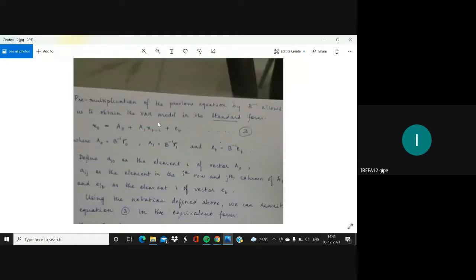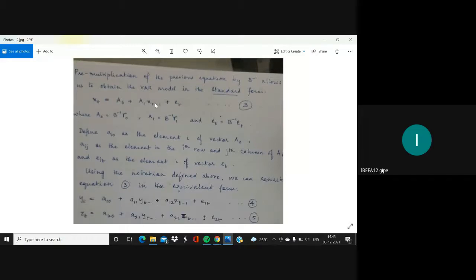Now, if we multiply the previous equation that we saw by B inverse, we can get the VAR model in what is known as the standard form. This is the typical form in which the VAR model is represented. If we pre-multiply that previous equation by B inverse, we get the VAR model in the standard form, and it's denoted this way. Since multiplying B inverse into B gives an identity matrix, that term vanishes.